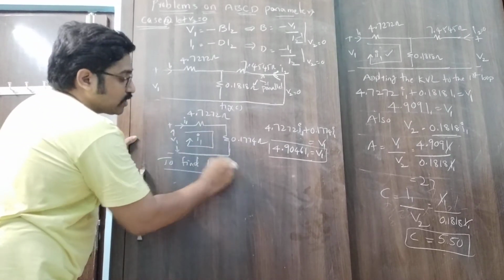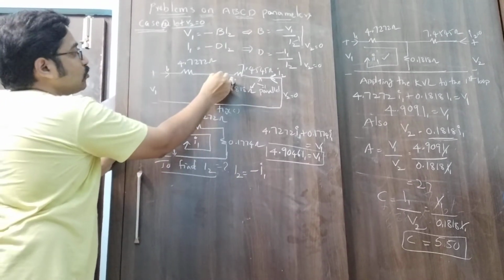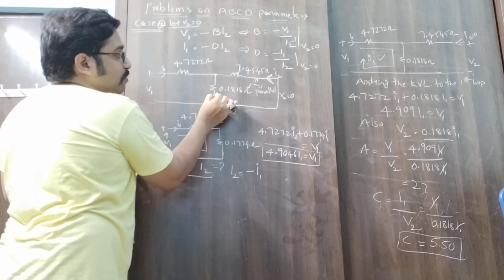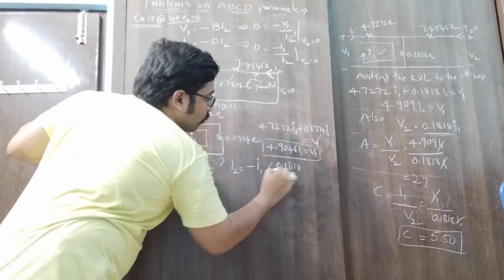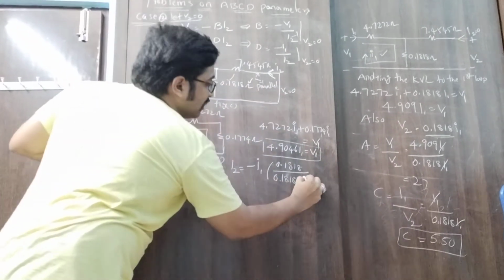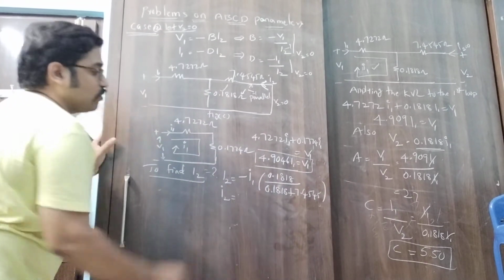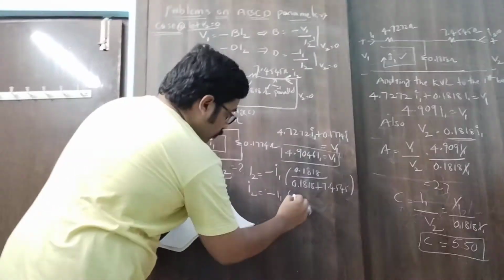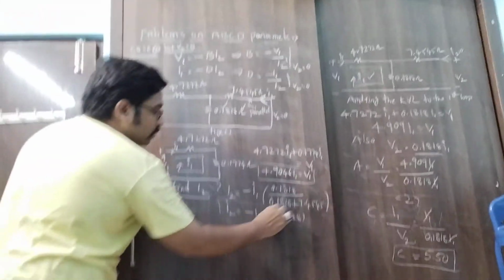So I2 is equal to minus I1, because current is flowing towards this node, minus I1 into the opposite resistance, which is 0.1818, divided by 0.1818 plus the summation of these two resistances, that is 7.4545. So I2 is equal to minus I1 into, if you do the simplification, 0.0238. If you do the simplification, you are going to get this value.